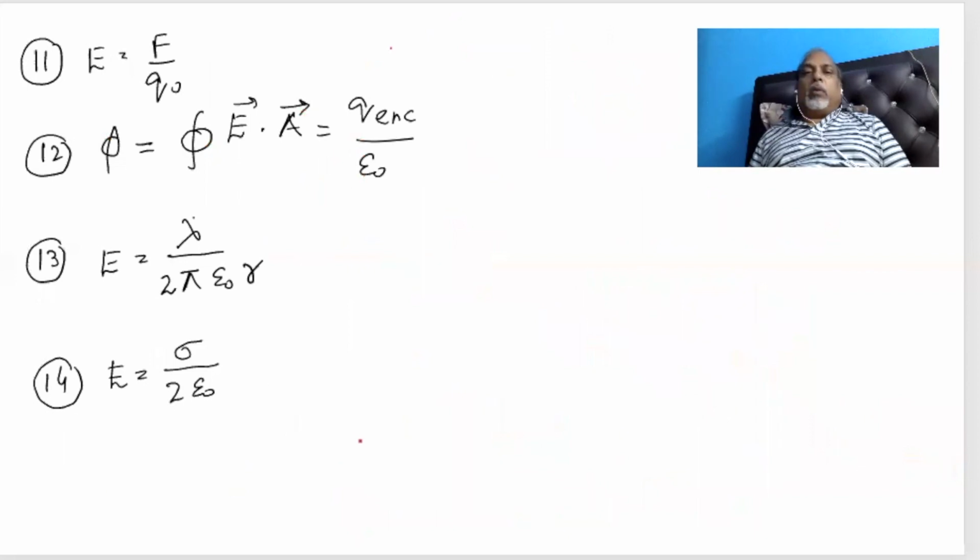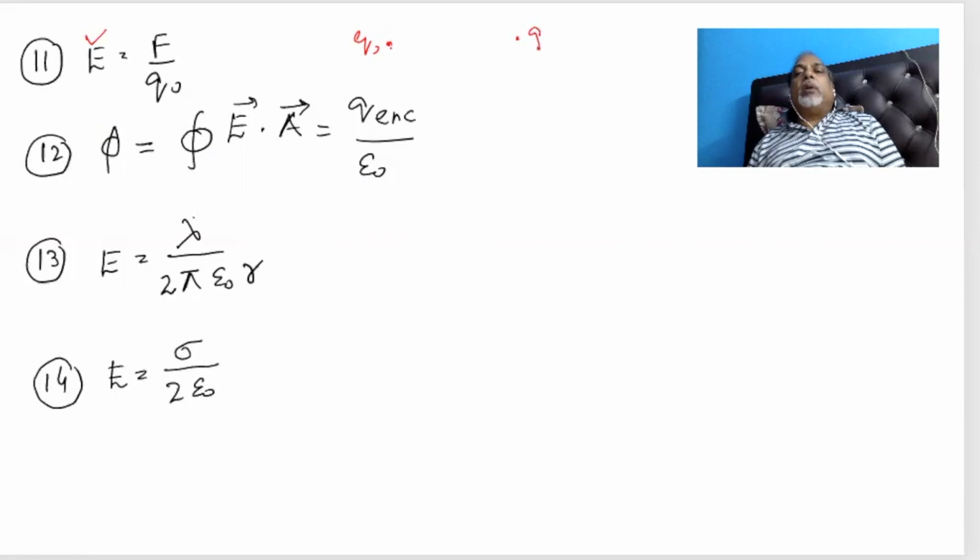Now let us see what this is. This is basically electric field is equal to force upon the test charge. As we have seen in Coulomb's law, suppose this is your Q0 and this is your Q. Then what will be the force between them?